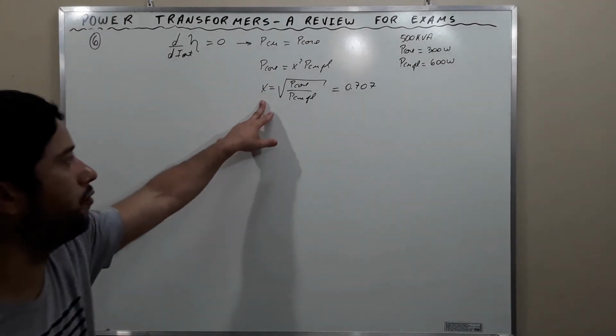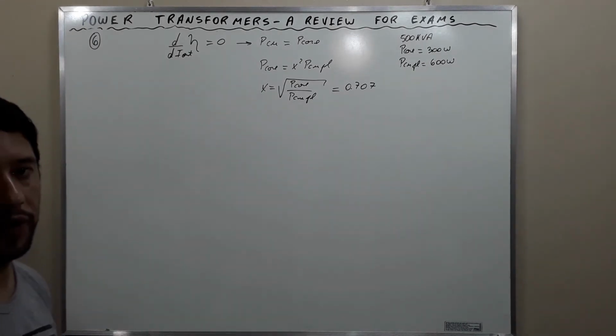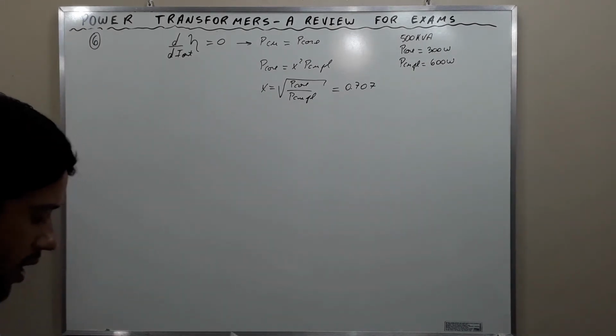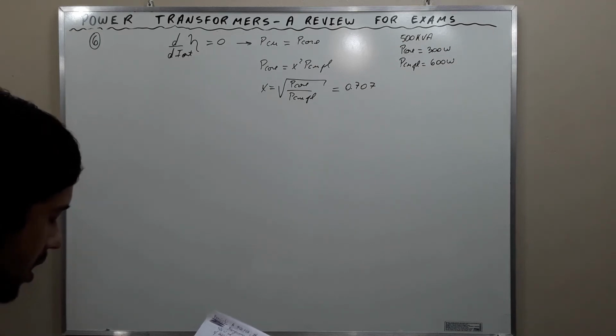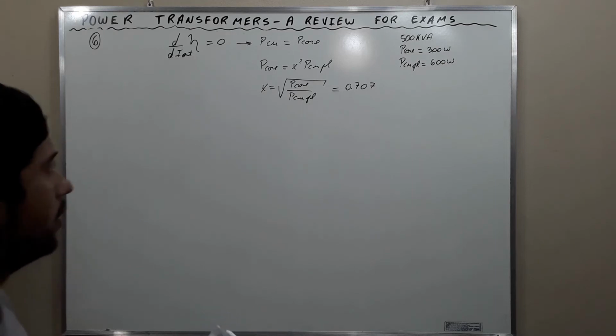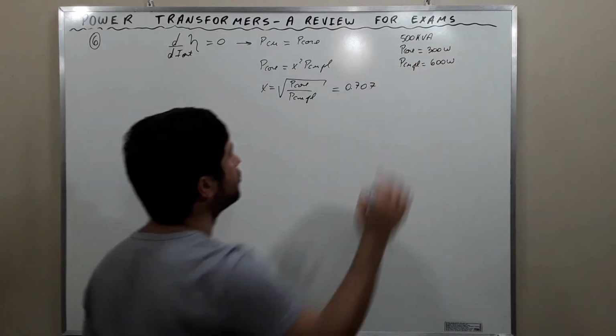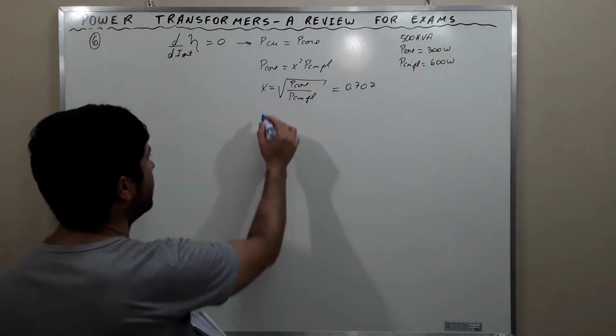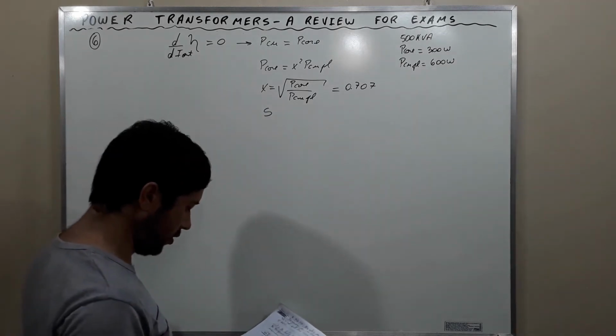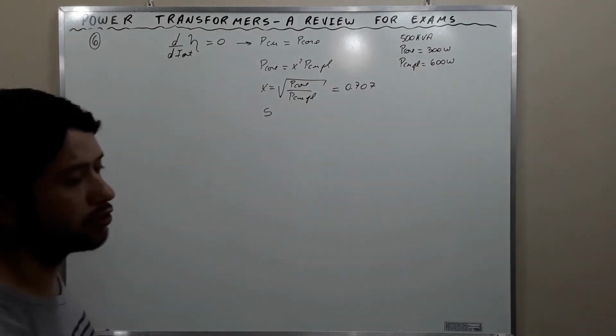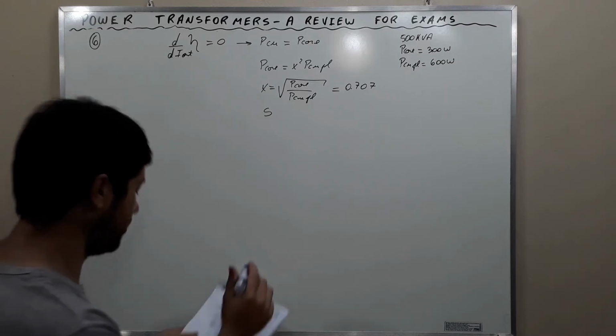This is the load factor that represents maximum efficiency, and we simply multiply by the power rating of the transformer, and it is going to be the apparent power of the transformer for maximum efficiency.